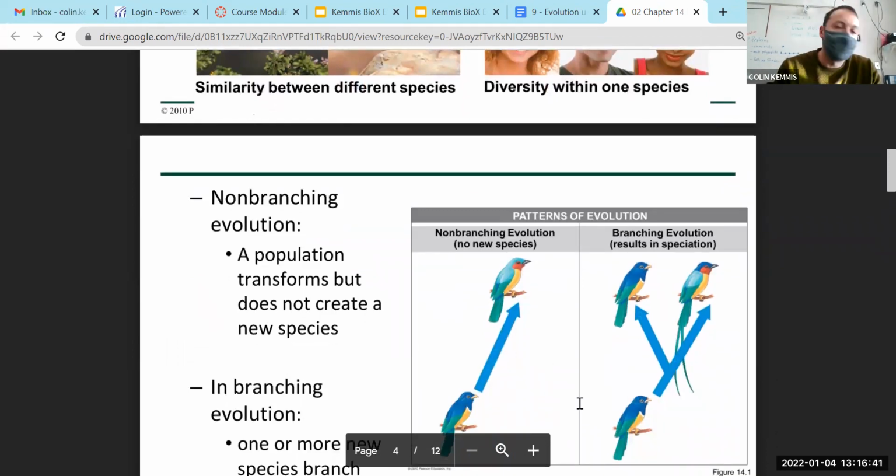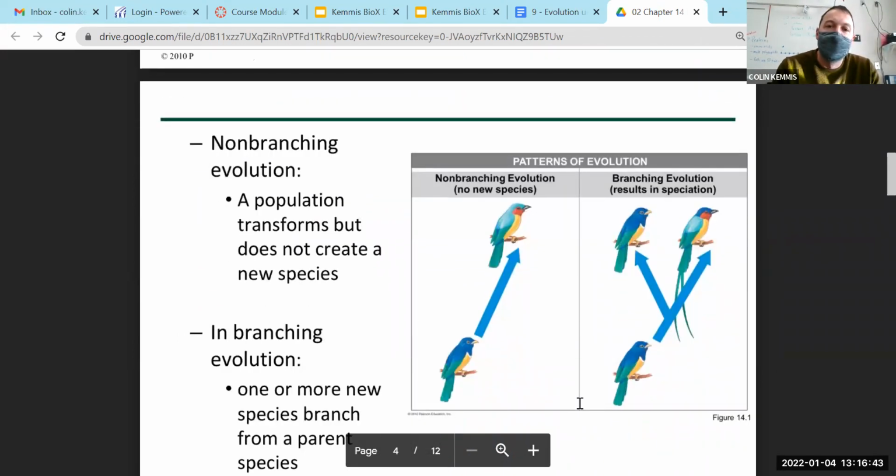Your book talks about these two different patterns for evolution, branching and non-branching. We're really going to focus on the branching ones. So in non-branching evolution, an organism can change over time and a new species would not form. But if two populations of the same species are separated, they could branch and split into two different species during a speciation event.